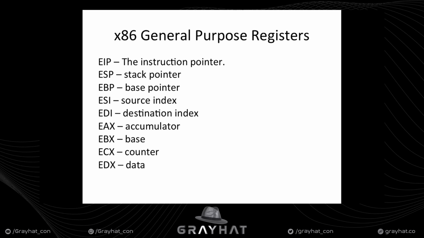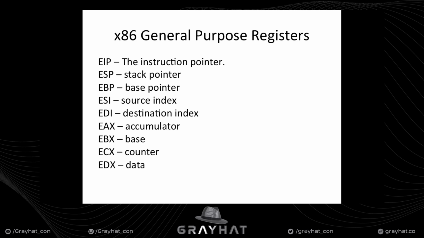We have ESP and EBP, the extended stack pointer and extended base pointer. Those are the top and the bottom of the stack respectively, ESP pointing to the current stack frame's top, or lowest memory address, because remember the stack is basically upside down, and EBP, the base, is the bottom, or the highest memory address, so it keeps track of where we are in memory, where our stack frame is.